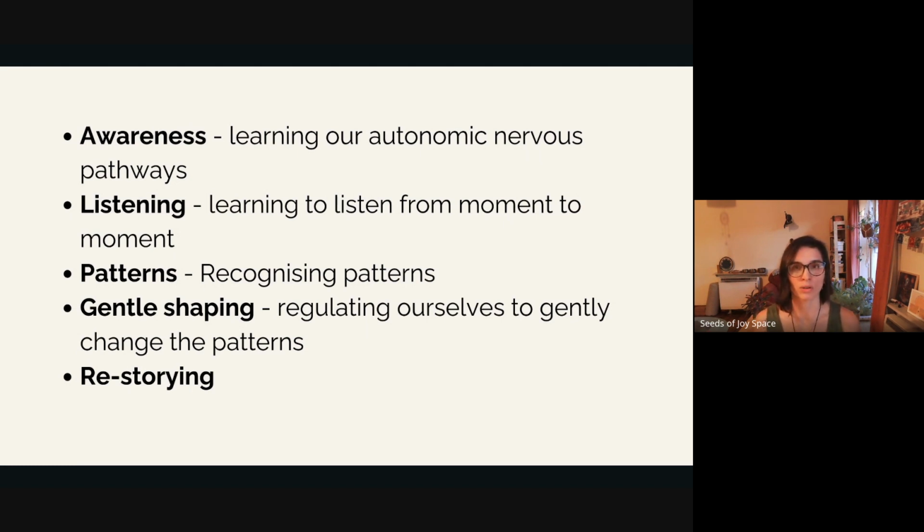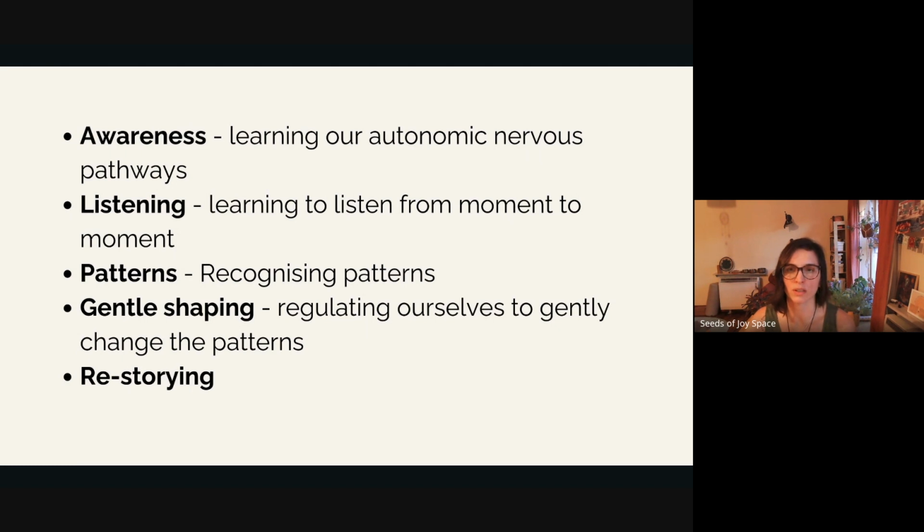And this is what we call self-regulation or co-regulation. So you can regulate yourself, or you can regulate with another human being. I will talk about it briefly in a moment. But I do want to mention that sometimes we have certain patterns, behaviors, habits, responses that are very strongly rooted.